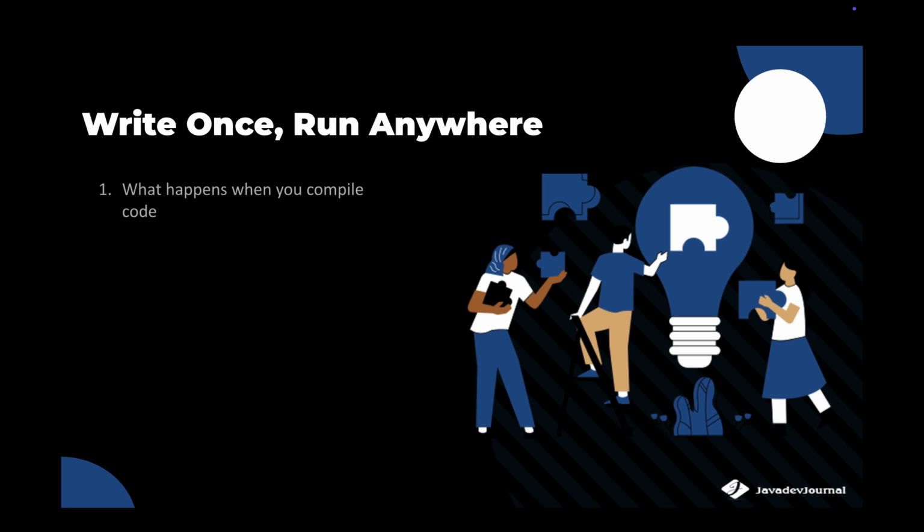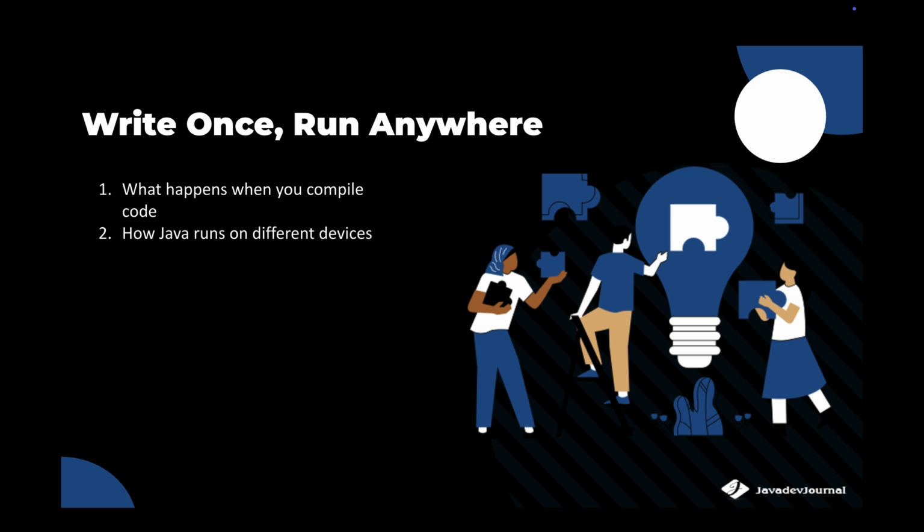So what we're gonna do is look at what happens when we compile our program. There are certain things which Java is doing for us, so we're gonna take a peek into that. What happens when we compile our program? How will Java make sure that the program can be run on the different devices? That's what I talked about earlier, right?